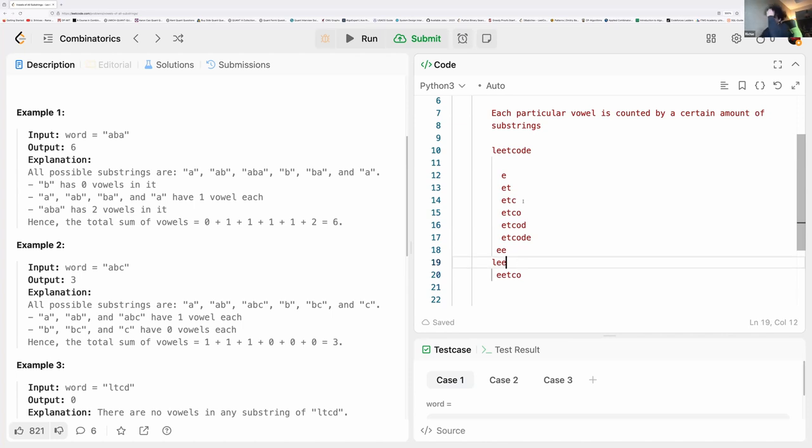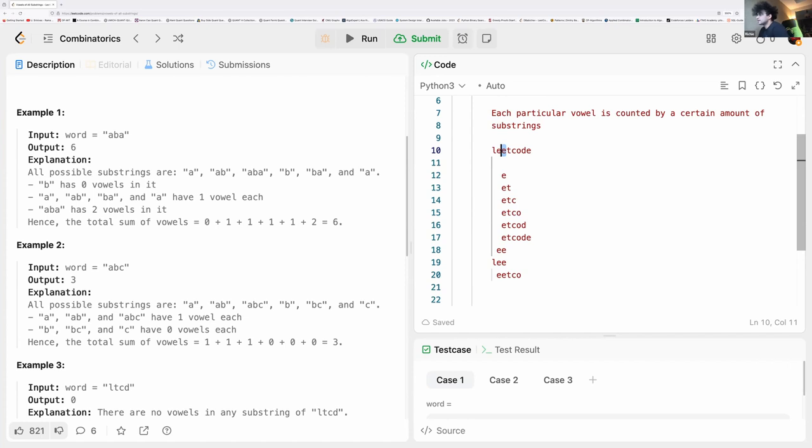The idea is: which substrings actually contain this vowel E? Well, I can keep track of my leftmost endpoint and my rightmost endpoint.